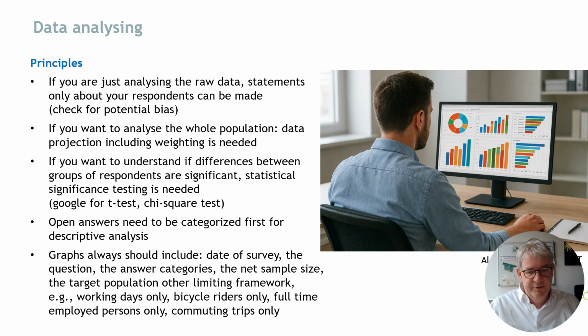So this is not the information of the whole population, because you have to consider maybe there's a bias in the data. Only a specific group has answered, with different attitudes or different behavior, for example. So if you want to analyze the whole population, you need to project it to the whole population, including some weighting procedure.